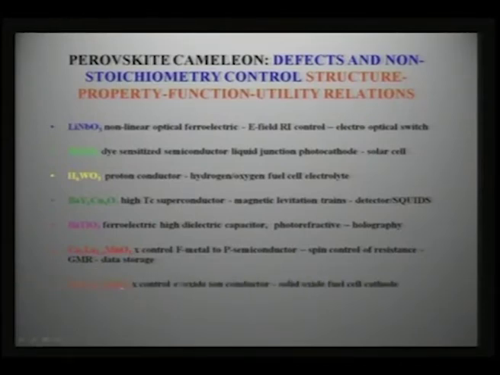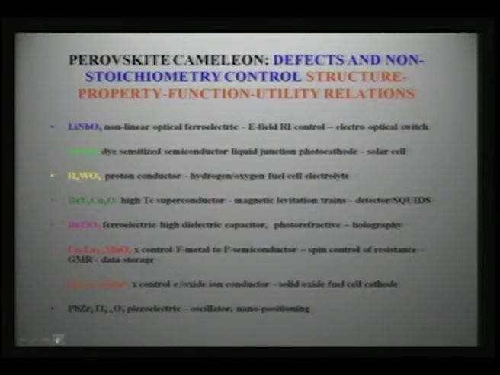Lanthanum strontium manganite is used in solid oxide fuel cells as cathodes because it is a good oxide ion conductor, and we can also make several perovskite compounds like PbZrTiO3, which is used for piezoelectric applications, used in AFM and so on.